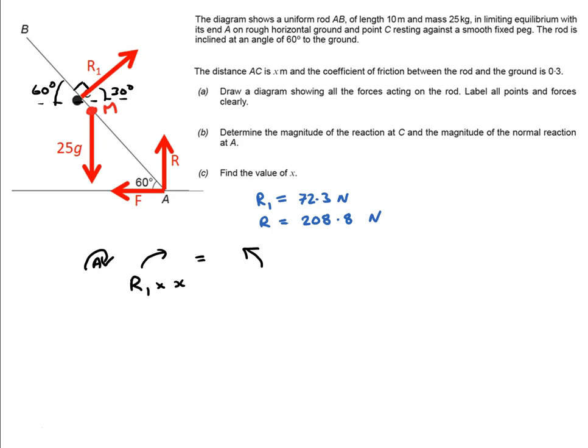So we've got R1 times x must equal the anti-clockwise moment, which is given by the 25g.